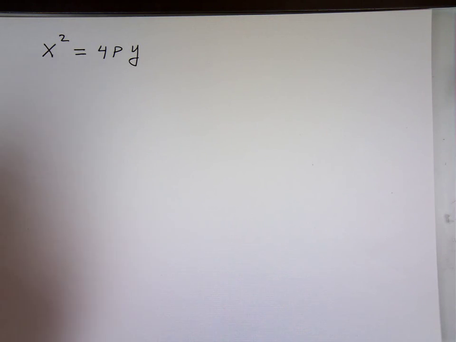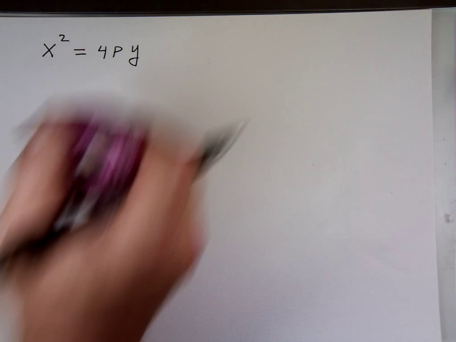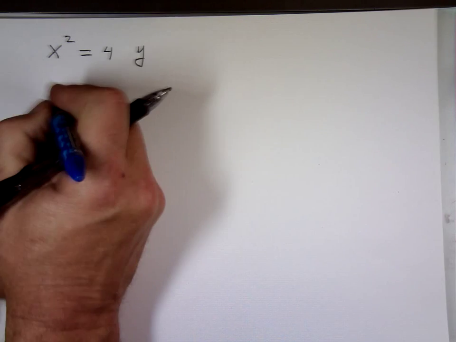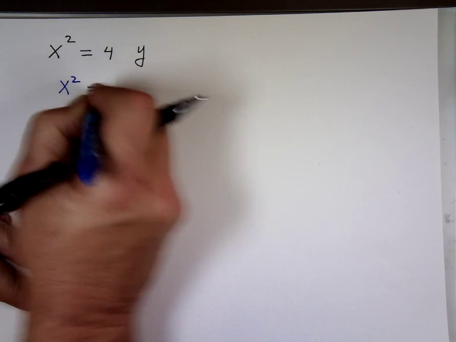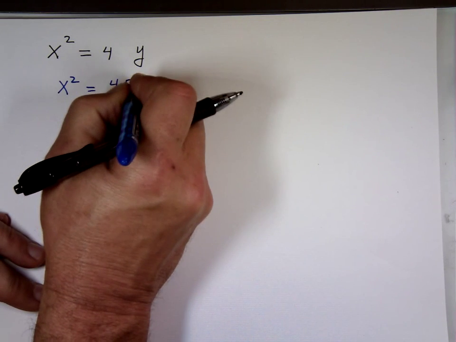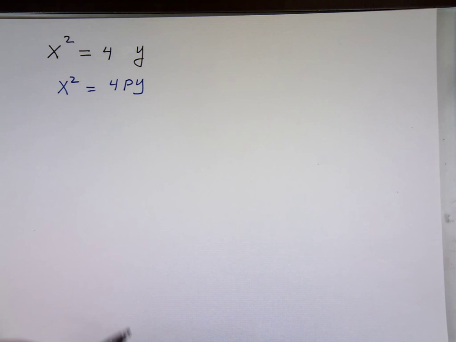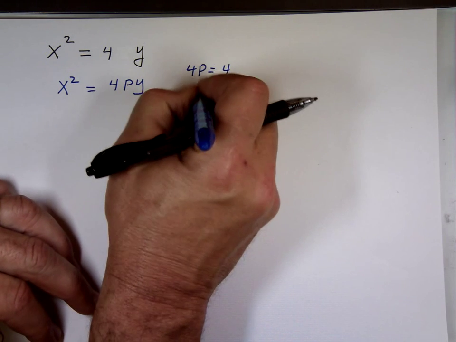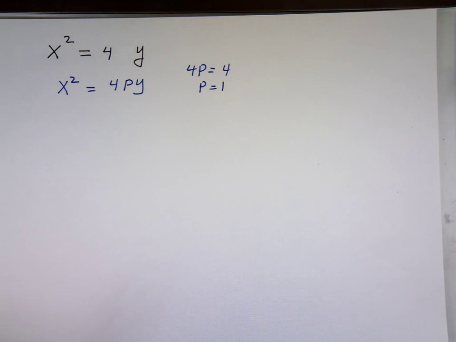Oh, I already gave you a hint. X squared equals 4y, I didn't mean to write the p there. So that's x squared equals what? 4py. 4p equals what? 4. P equals 1.